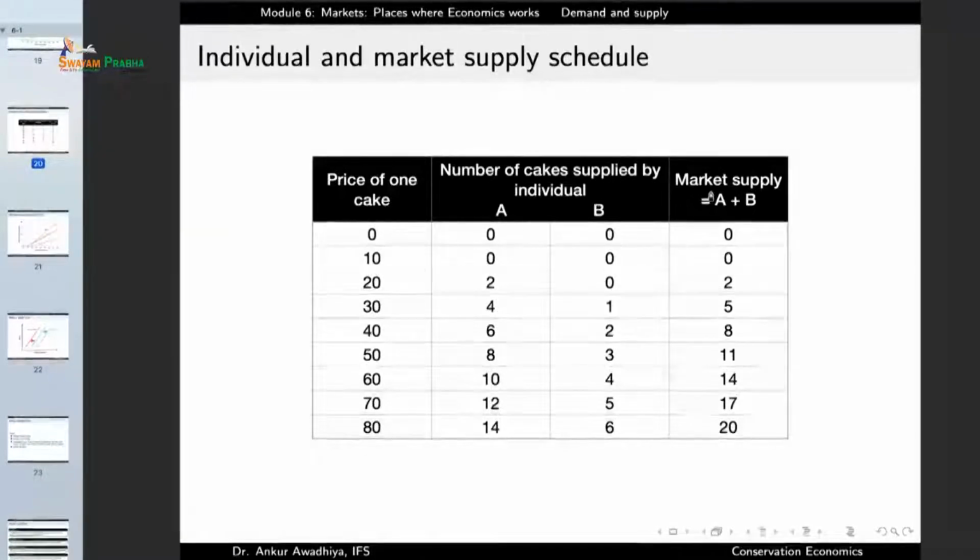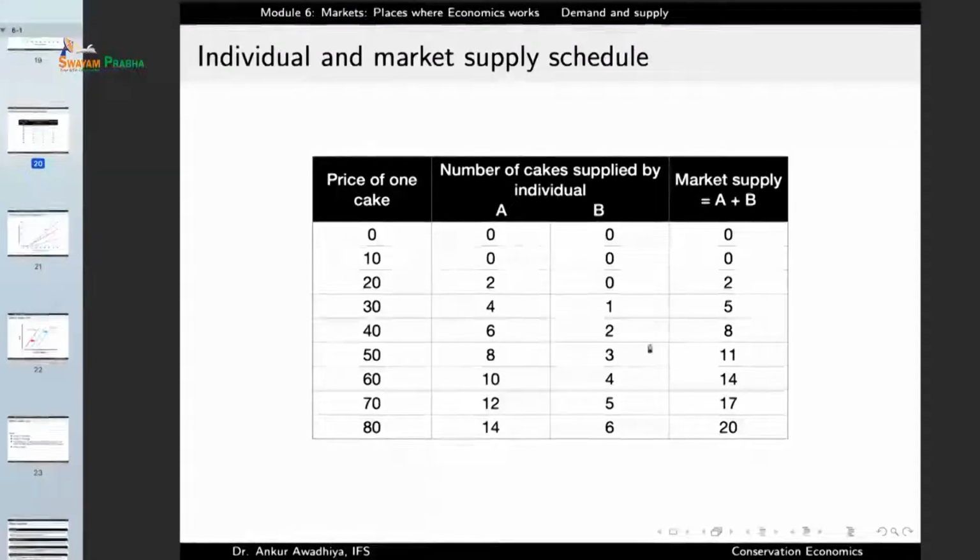At 10 rupees, again 0, 0, so it is 0. At 20 rupees, individual A or seller A is ready to supply 2 cakes. Individual B thinks that I still cannot supply any cake. So here the market supply is 2 plus 0 is 2. At 30 rupees, it is 4 plus 1, which is 5. At 40 rupees, it's 6 plus 2 is 8.